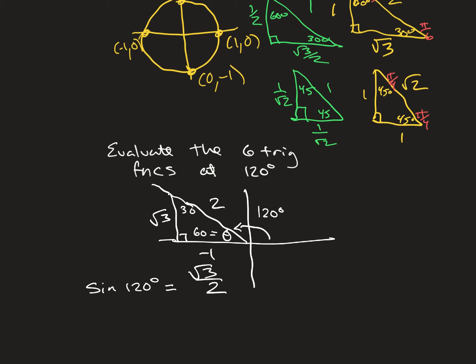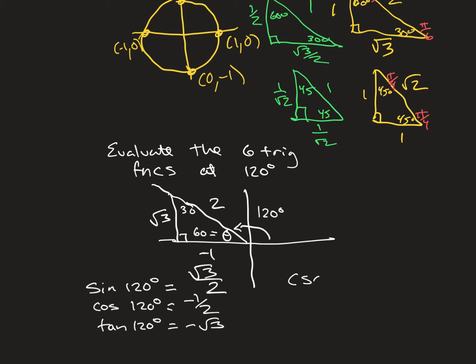And then I could do cosine of 120 is going to be negative 1/2. Tangent of 120 is going to be negative root 3 or root 3 over negative 1. Let's do cosecant of 120.